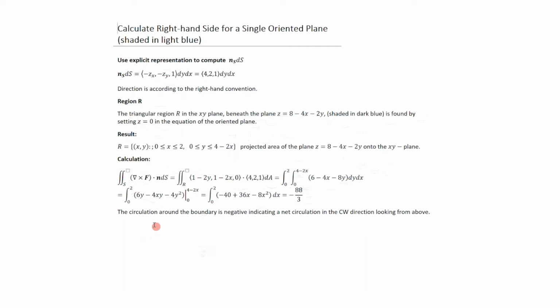So in this case, the circulation around the boundary is negative. We arbitrarily went around in a counterclockwise direction, but we ended up with a negative circulation, which means the circulation is actually going in the opposite direction, so its net is in the clockwise direction.